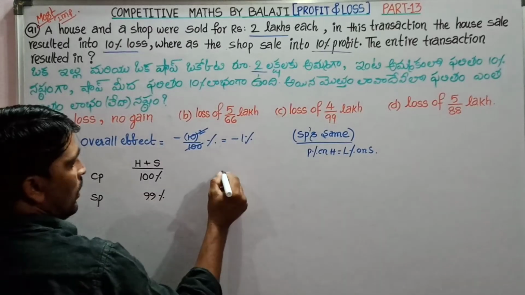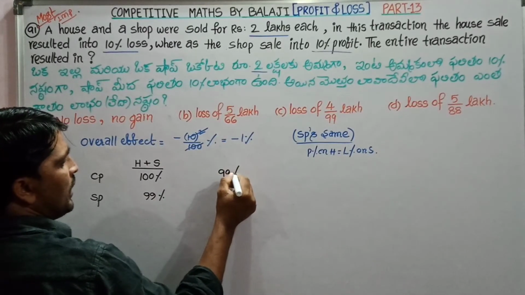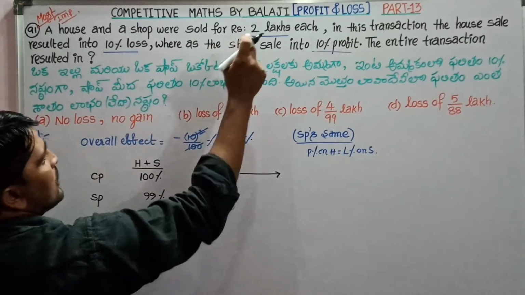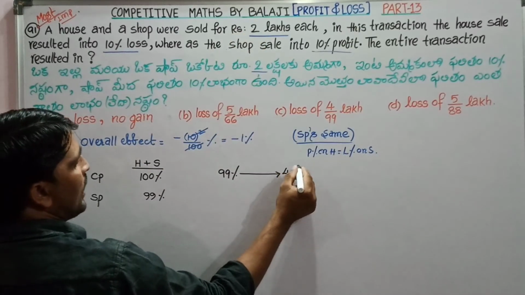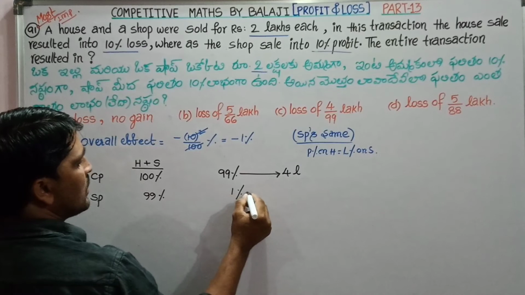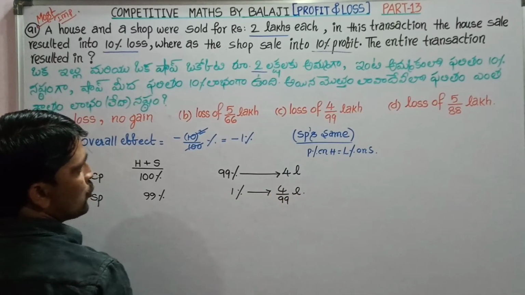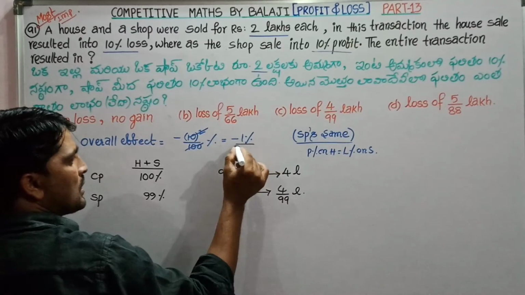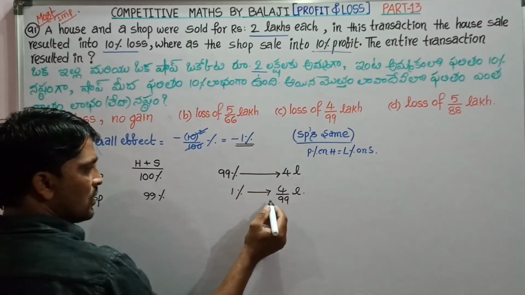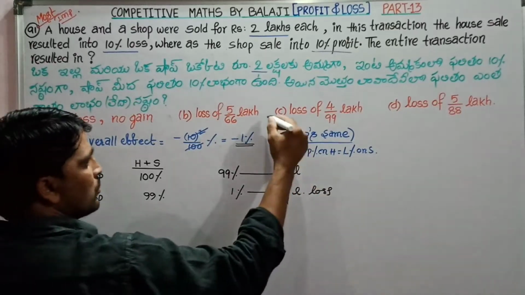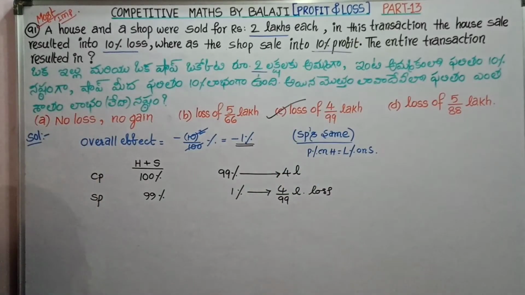According to the question, 99% is the selling price. The selling price of house and shop is 2 plus 2, 4 lakhs. Then 1% is equal to 4 by 99 lakhs. So we also have 1% loss, so loss is 4 by 99 lakhs. So answer is C.